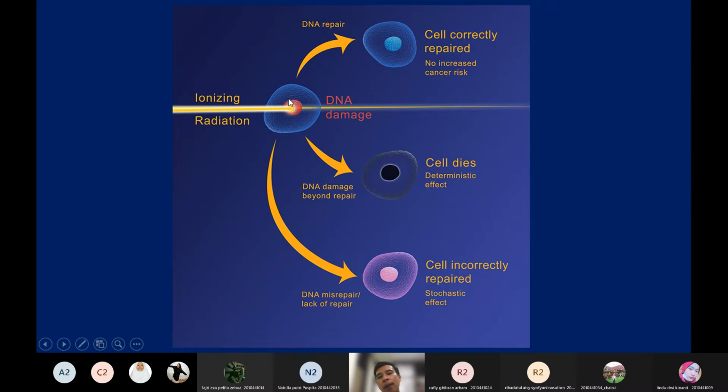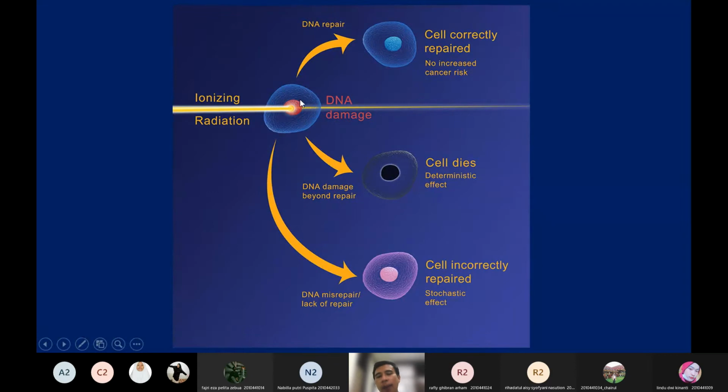Jadi ada beberapa possibility kalau seandainya suatu sel kena radiasi dari sinar X dan sebagainya. What will happen? The first possibility is that DNA damage occurs. Jadi ada kerusakan DNA-nya. However, the cells also have the capability to self-repair.